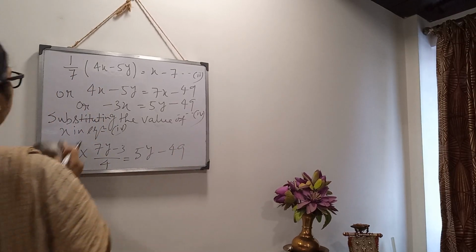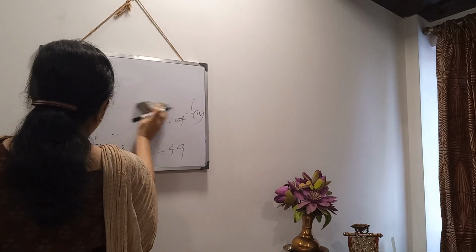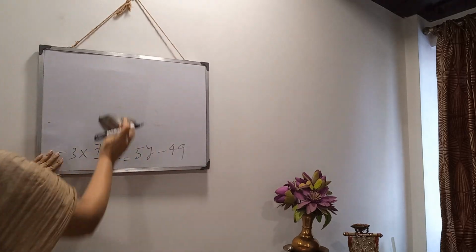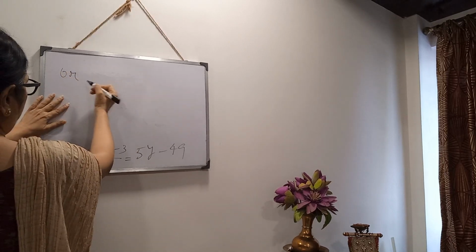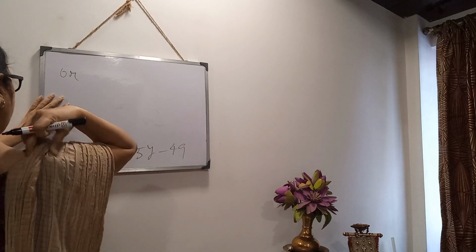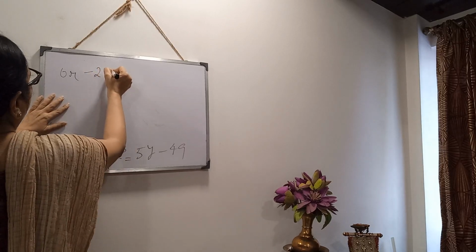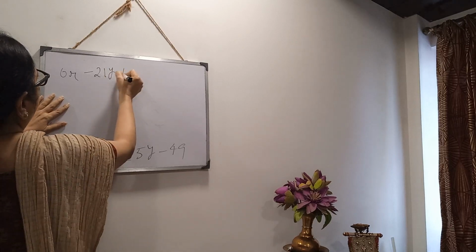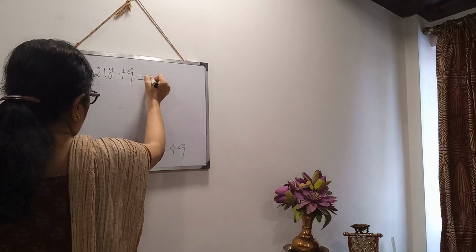Therefore multiply, minus 3 is there. Okay, so minus 21y plus 9, and by 4 I am multiplying this side.